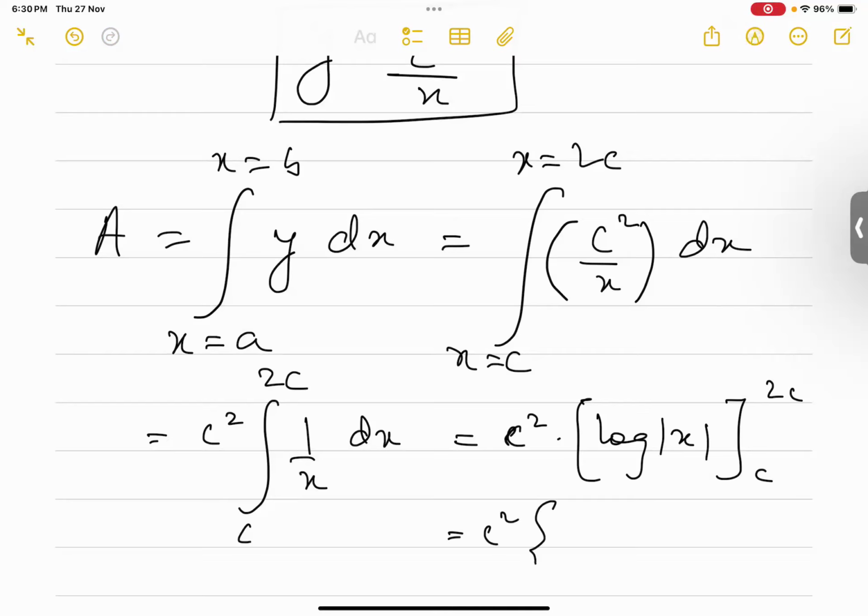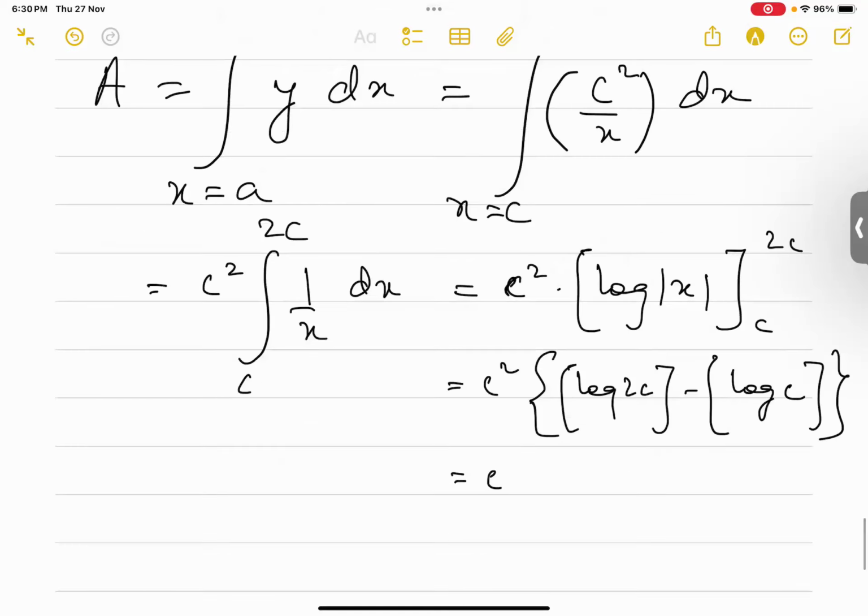C square, box minus box: log 2C minus log C. Log A minus log B is log A upon B. Guys, are you aware of this?